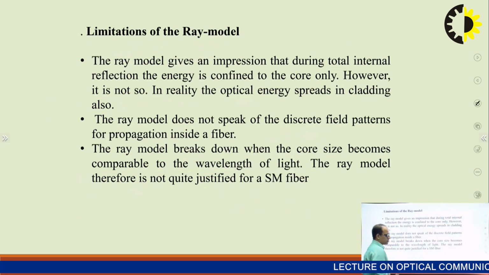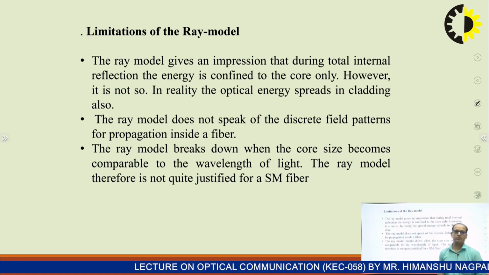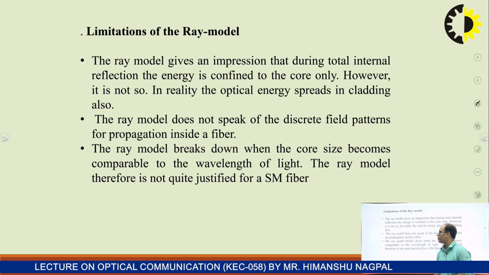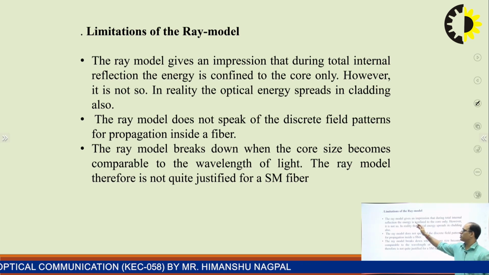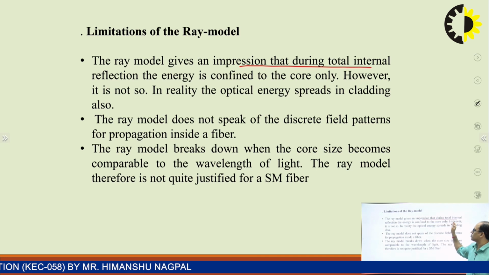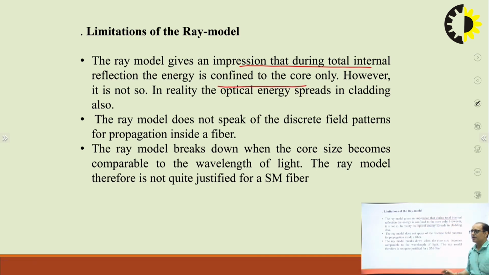So this is the whole ray theory of transmission for the optical fiber cable, and the limitation of the ray model theory is that it gives an impression that during total internal reflection the energy is confined to the core only, whereas in reality this optical energy is spread in the cladding also. So in the ray theory of transmission we cannot find out how much energy is spreading out in the cladding.